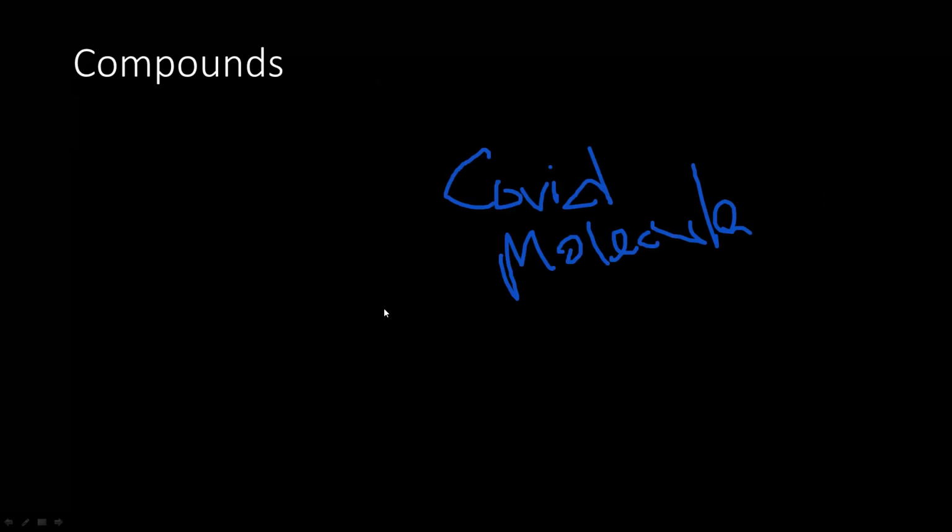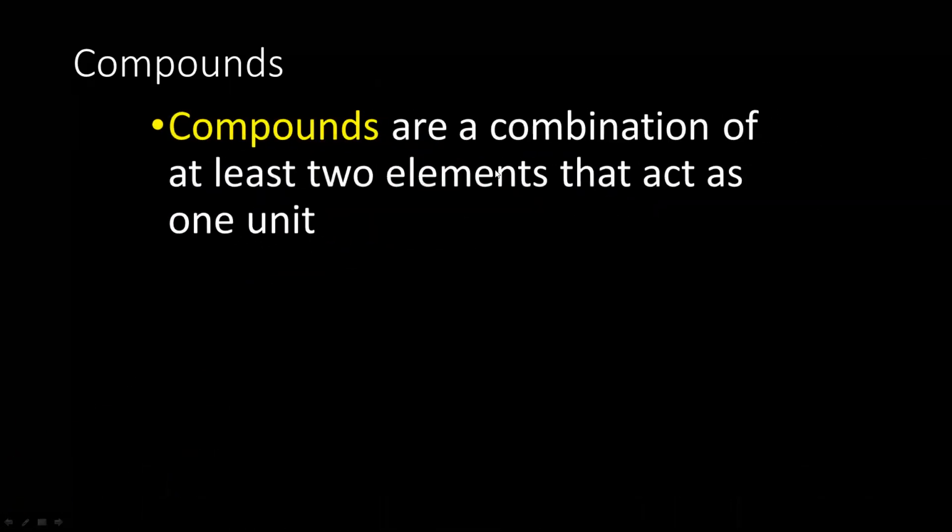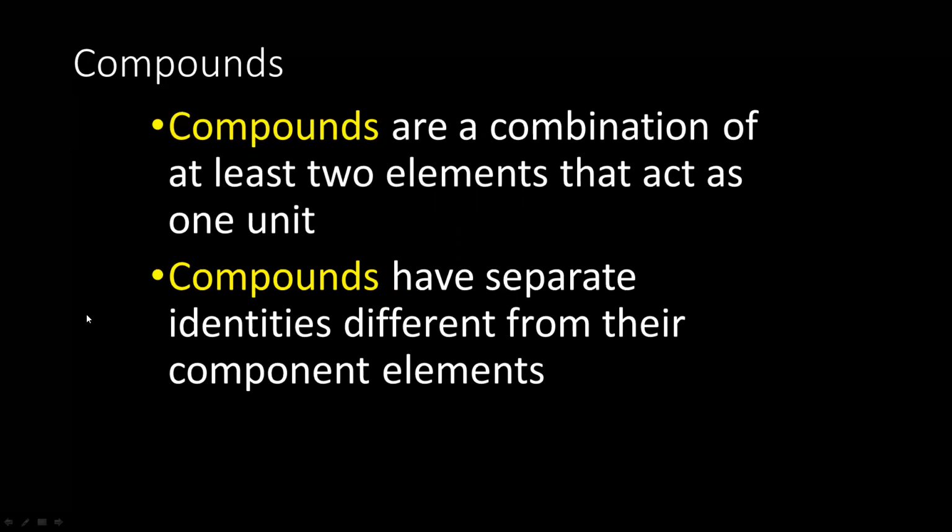No, covalent, not COVID. Compounds are a combination of at least two elements. When they go together, they act as a unit. The compound, the unit, is going to be different than the component parts.